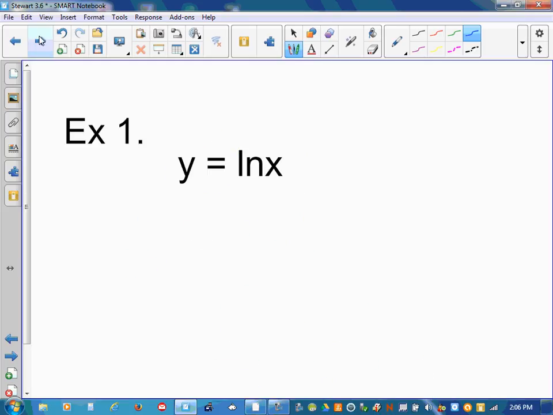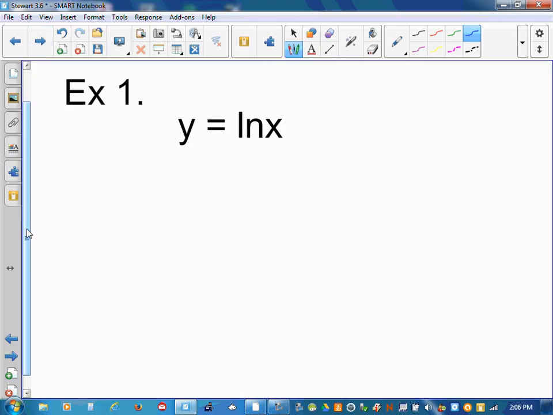Okay, example 1. How am I going to take the derivative of natural log? I write down dy/dx is equal to, now I have to remember what the base is on natural log. The base on natural log, of course, is e. So we do what the rule says.